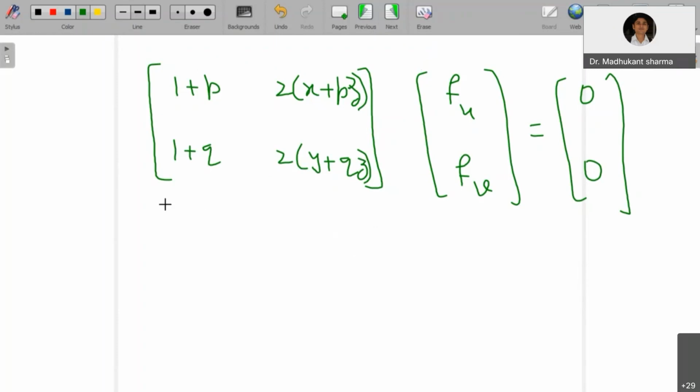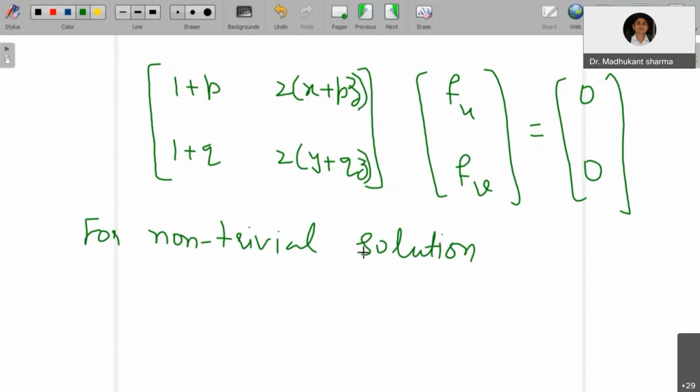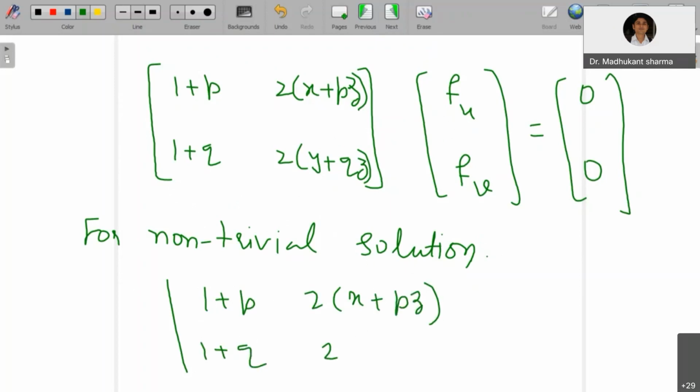So therefore for a non-trivial solution, you are eliminating fu and fv. We have the determinant of 1 plus p, 2 times x plus pz, 1 plus q, 2 times y plus qz equals to 0. Now you know how to solve this.